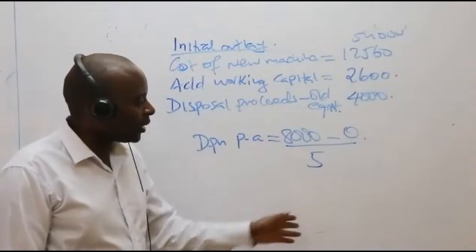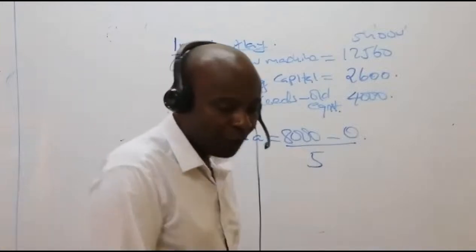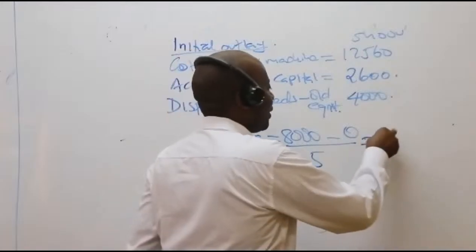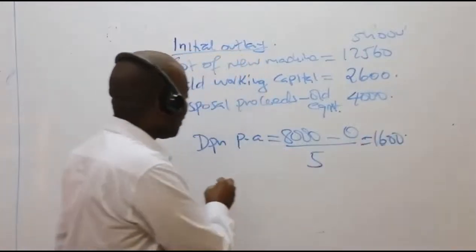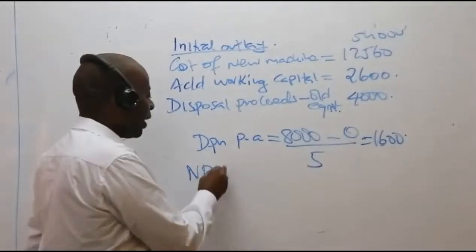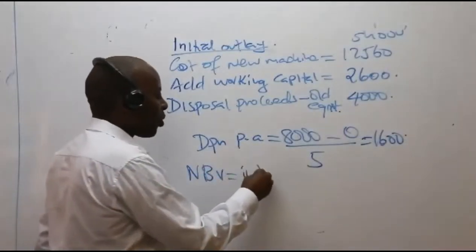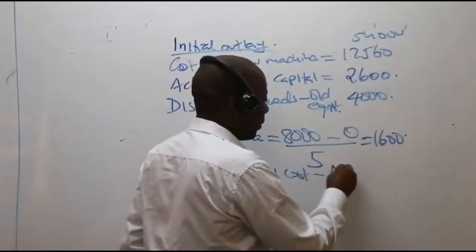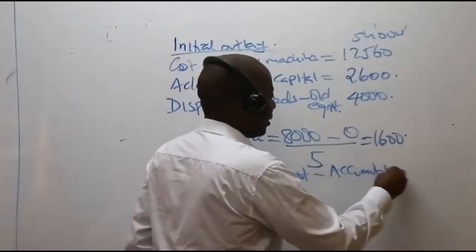So 8,000 minus 0 divided by 5. This will give me what figure? They're telling me it's 1,600. So how do we get net book value? To get net book value, we normally take the initial cost minus accumulated depreciation.